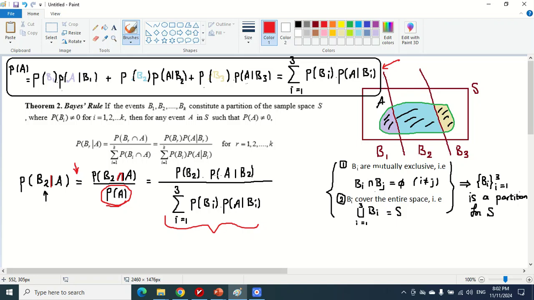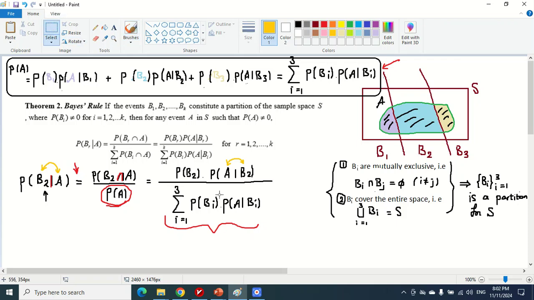But if you take a look over here, you realize one fact: when we have a conditional probability like B2 given A, and we want to calculate the probability of such conditional cases by swapping the places of the conditional probability, when the given events are a partition for the space, we can actually use the Bayes rule.